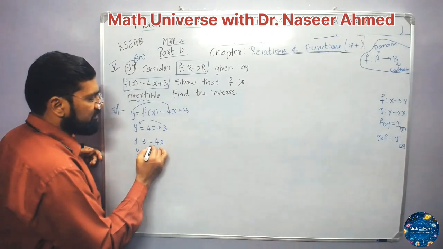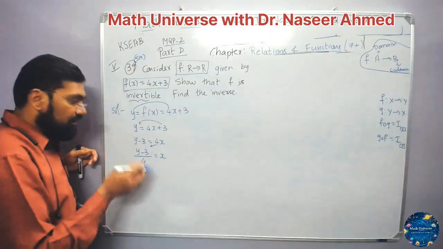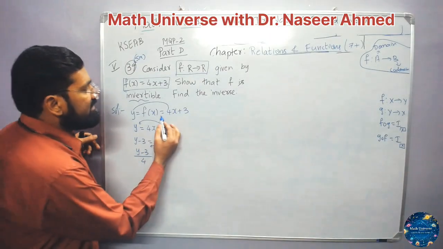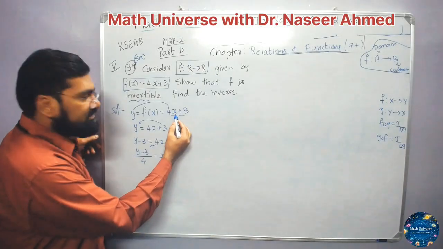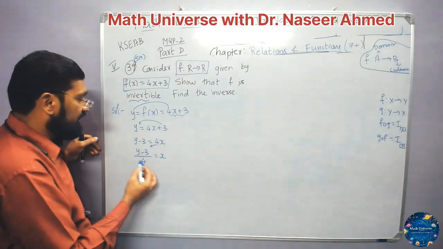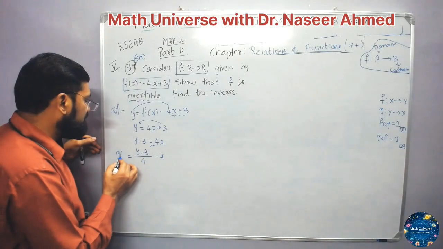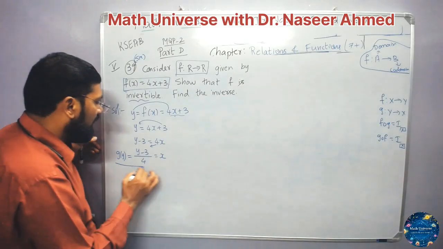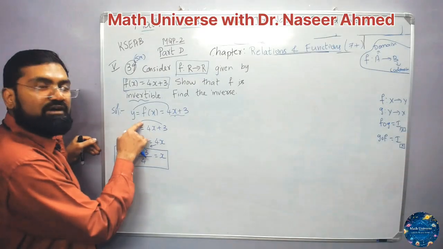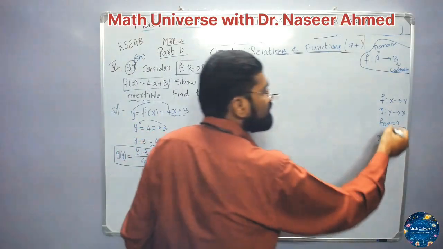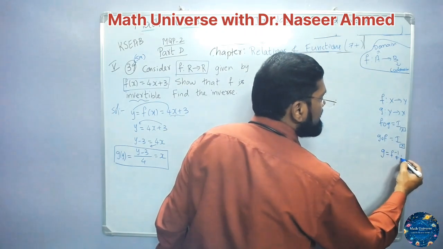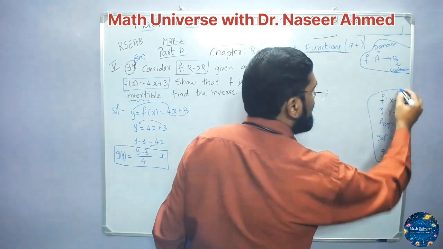Now this is our pre-image. Since this entire term was in terms of x, it was a function of x, but now it is in terms of y, so it is a function of y, g of y. Now I have to prove that g is the inverse of f. This condition should be satisfied only then g is the inverse of f, where this is not equal to 1 by f. So I have to check this too.